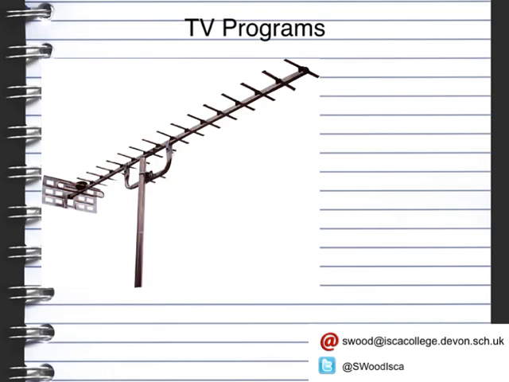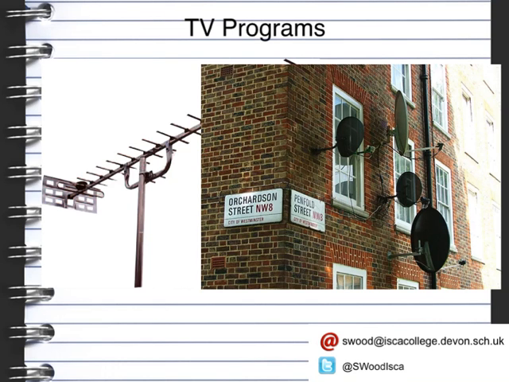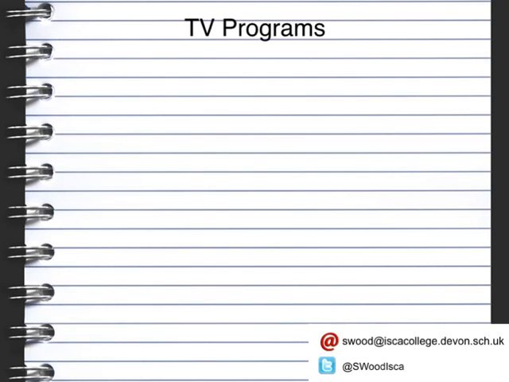Now, if you have a satellite dish like these, then you'll be receiving your TV through a microwave. Now, a satellite dish will not be able to pick up radio signals, and a TV aerial won't be able to pick up the microwave signals.